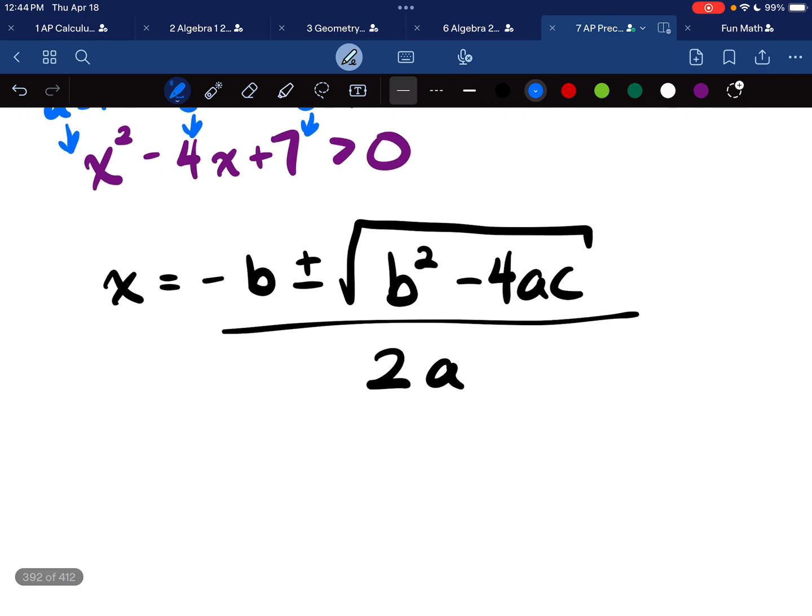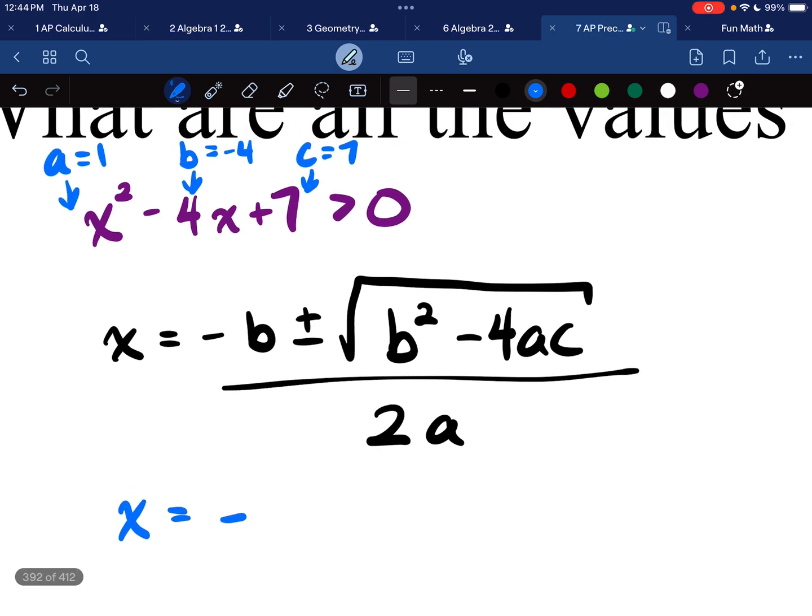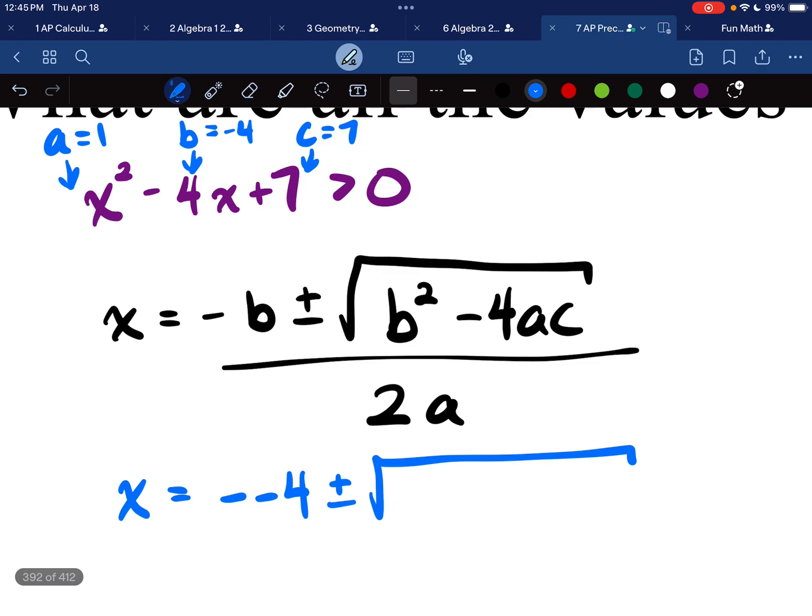So I'm going to say x, let's just do all this in blue. x is equal to negative, okay, b is negative 4, so it's a double negative, 4 plus or minus square root. Okay, b squared is going to be negative 4 quantity squared minus 4a is 1 and c is 7.